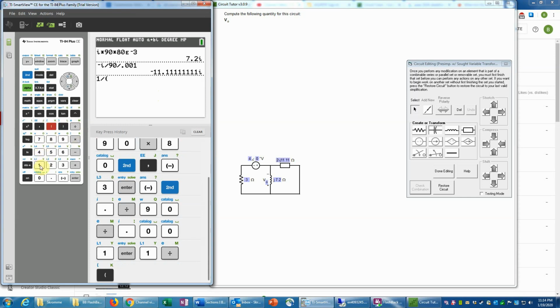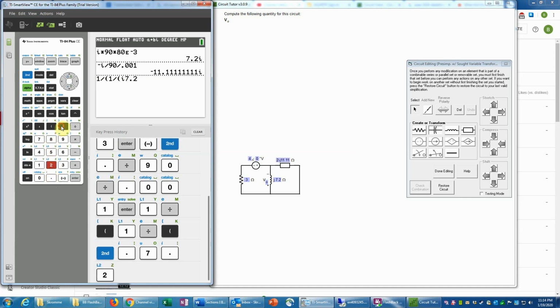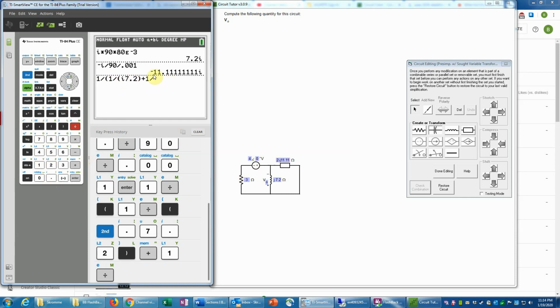And then 1 divided by the j7.2, and since that's a product, I'm going to use parentheses there, and we'll make it (j 7.2). Close that parenthesis, so that completes the first reciprocal, and then we add to that the reciprocal of the second item, so that's 1 divided by, and we could perhaps also use the reciprocal key, but I'm just using it this way.